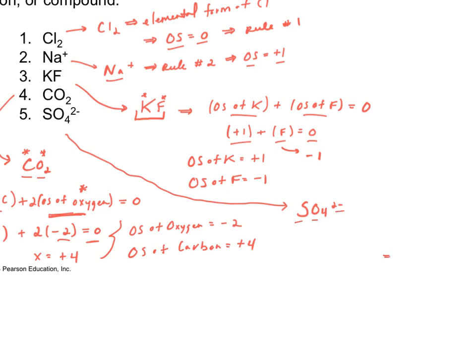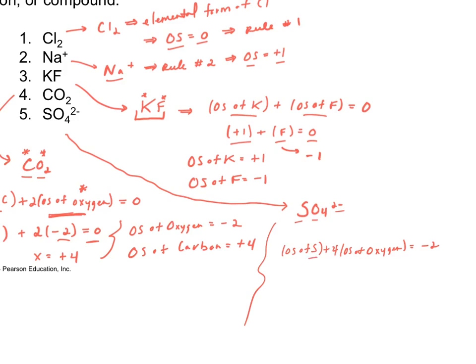And so now everything, instead of summing to 0, is going to sum to -2 because that's the charge of our compound. So now we've got the oxidation state of sulfur plus 4 times the oxidation state of oxygen. And again, I've run out of room, of oxygen is equal to a -2.